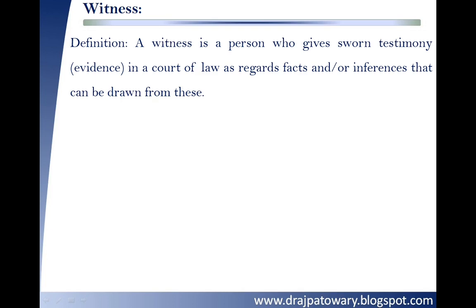He may be a common witness who has seen or heard about the incident and has some knowledge of it, or he may be an expert witness, for example a medical practitioner who has examined a sexual assault survivor. Whatever he gives, on the basis of his examination findings, will be considered as evidence.